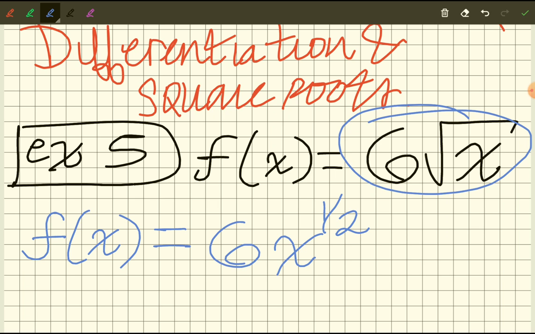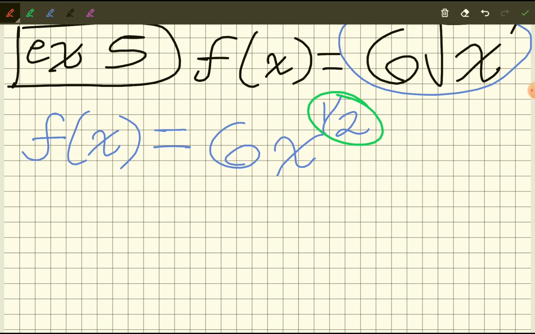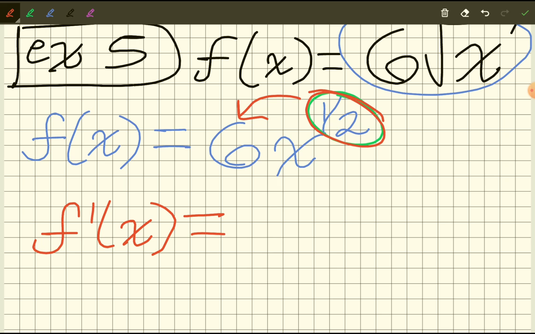Now I see an exponent and I can work with it, because now I know what to do. I can multiply the exponent and the coefficient, 6 times 1/2. And now let's get rolling. 6 times 1/2 is 3. Keep that x. Now 1/2 minus, don't forget to subtract 1.